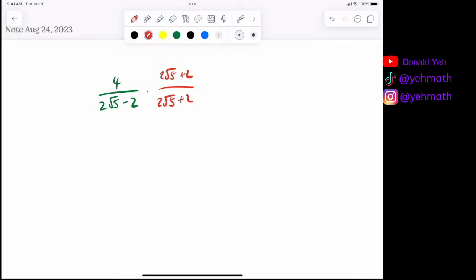Is that right? Okay. So if you multiply this by the conjugate, this is called the conjugate, and the conjugate is known as the difference of a square. Do you guys know what the difference of a square is? So this is called the difference of a square.